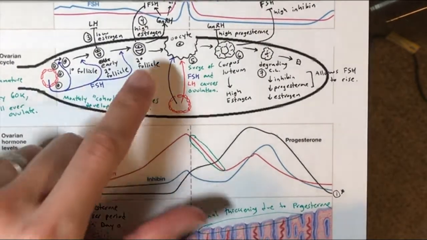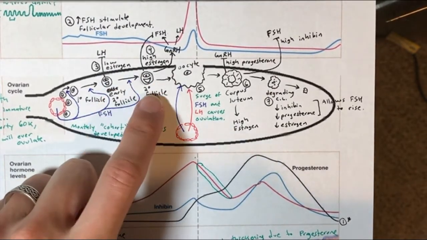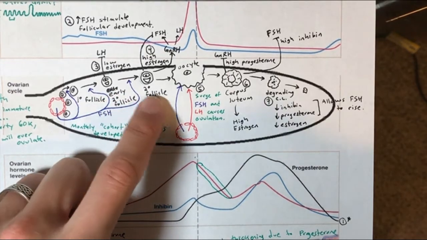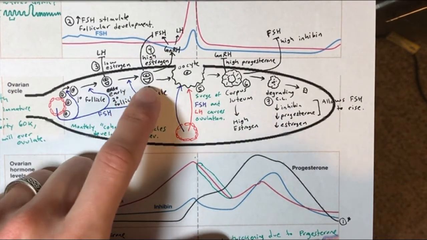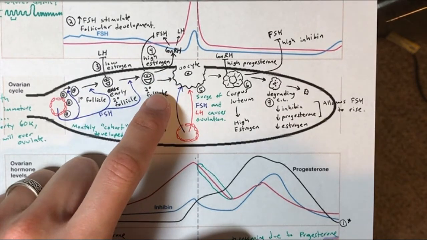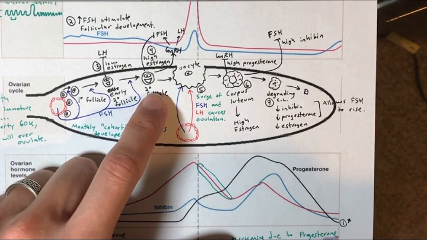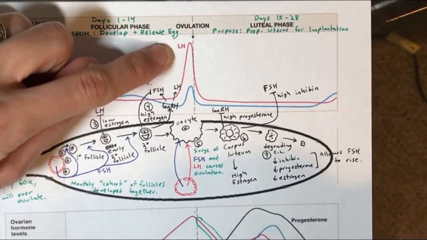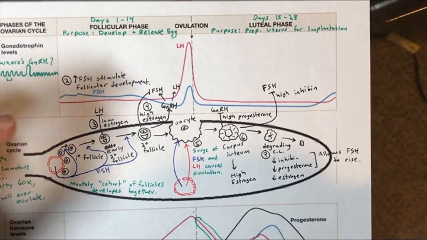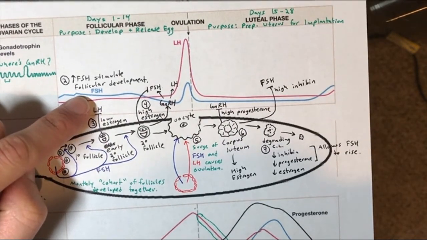So the goal is that the doctor is going to try to get several of these follicles to their mature state, and then they're going to suck them out of the ovary. In order to do that, what they could do is inhibit LH. They'll also put other chemicals in your body to inhibit FSH.